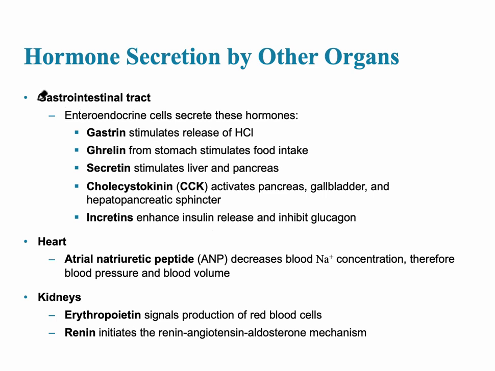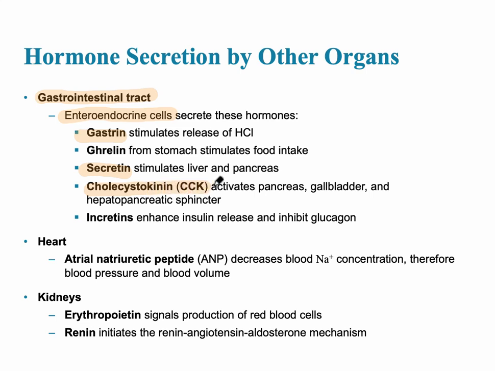So the gastrointestinal tract has several of them, and there are specialized cells lining the GI tract called enteroendocrine cells. These hormones include things like gastrin, and that stimulates the release of hydrochloric acid in the stomach. Secretin stimulates the liver and the pancreas.